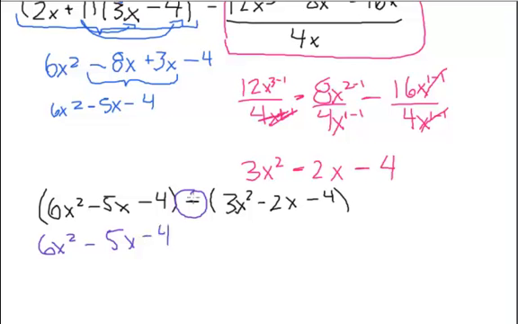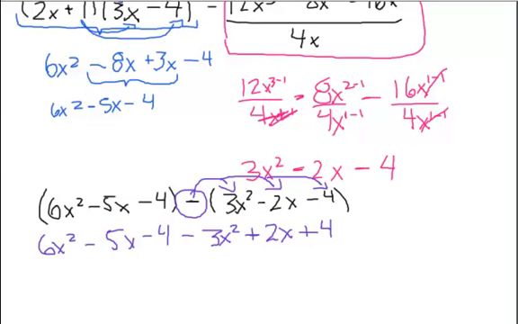But when I come here, I notice that I have to distribute this negative to every term in the trinomial. So negative times a positive gives me negative 3x². Negative times negative is going to turn into a positive 2x. Negative times a negative, again a positive 4.